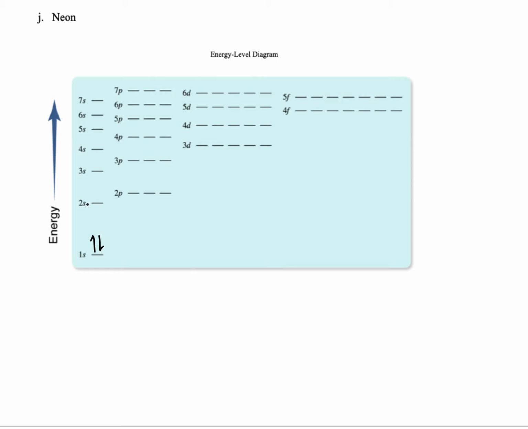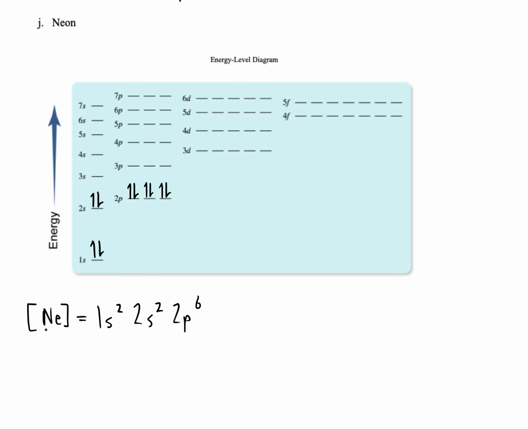Neon will have 10 total electrons, and energy level 1 and 2 are complete. This is 1s2, 2s2, 2p6, which is the same as putting neon with brackets around it.